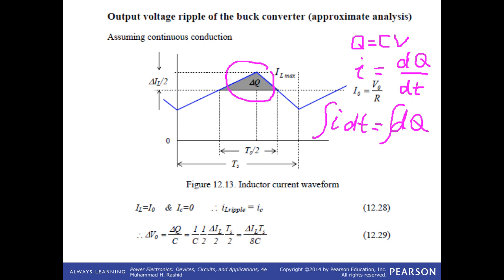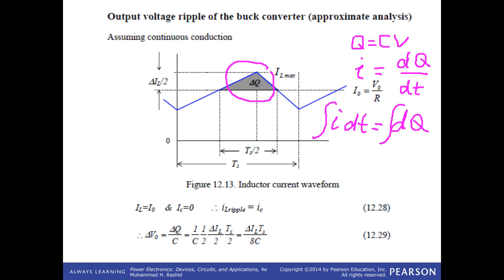I repeat. Q equals CV. So delta Q is equal to C delta V. Coming down here, delta V is equal to delta Q over C. That's the equation. Now let C stay. What is delta Q equal to?